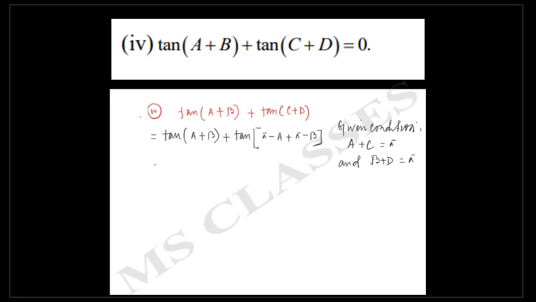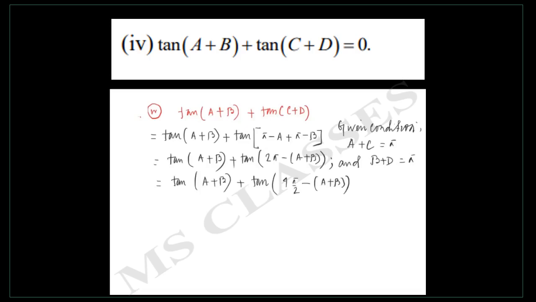Now here tan A plus B plus tan 2 pi minus A plus B. Now this is tan A plus B. This one we can write tan 4 pi by 2 minus A plus B. Now this gives us tan A plus B. Now this one, 4 into pi by 2, that means tan will be remaining as tan.